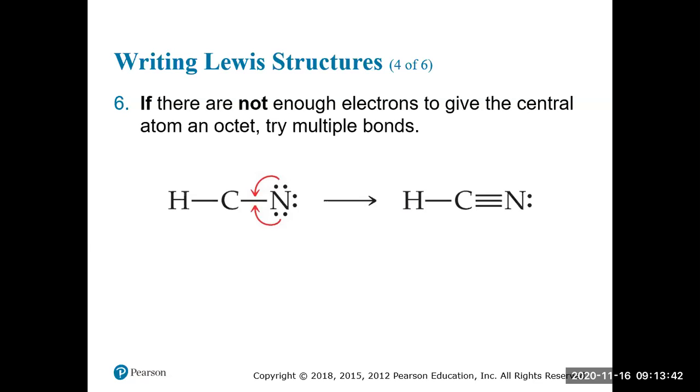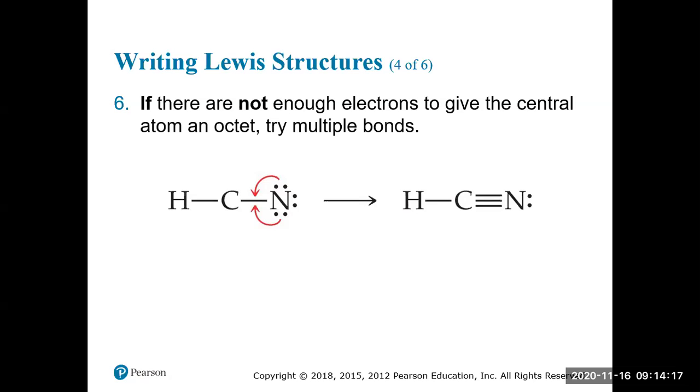So in order to get that octet satisfied for the carbon and the nitrogen, if we take two of the free pairs of electrons around the nitrogen, and convert them into bonding electrons and make that triple bond between carbon and nitrogen, what we see is now we have 8 bonding electrons around the carbon.